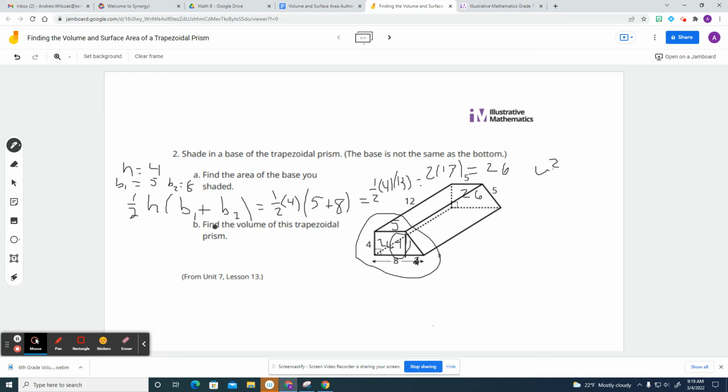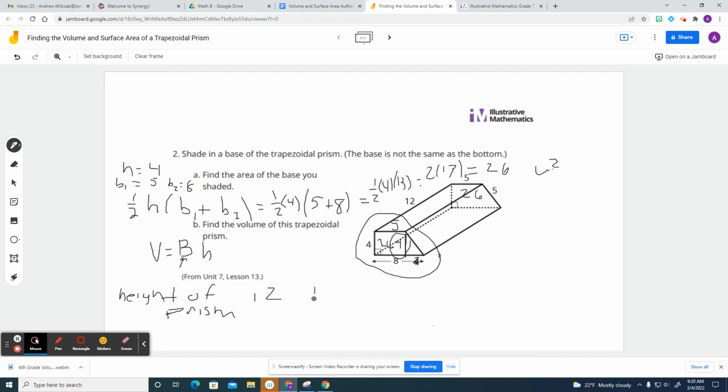Now, the formula for the volume of a trapezoidal prism is the area of the base times the height of the prism. So if you notice, this overall height of the prism is 12. So I'm going to write height of the prism, and then that is 12.